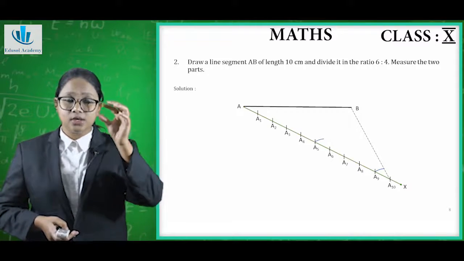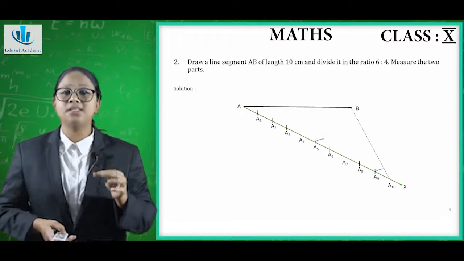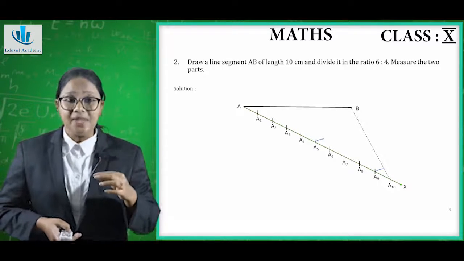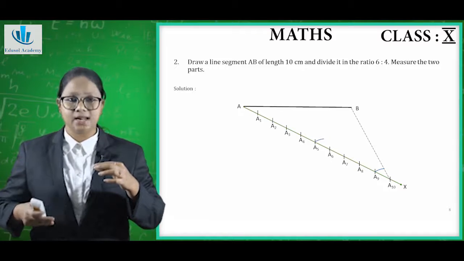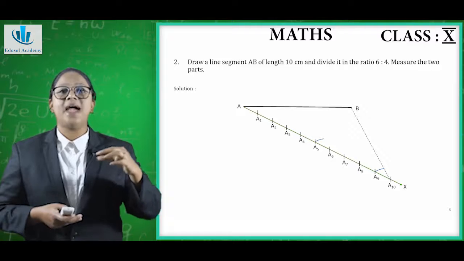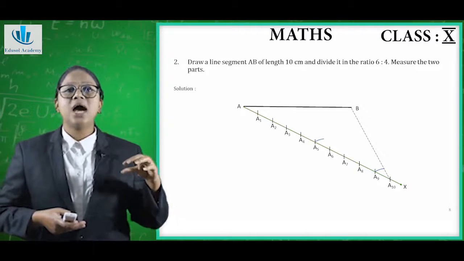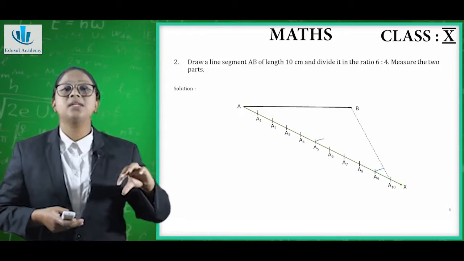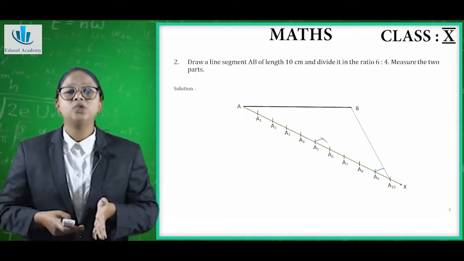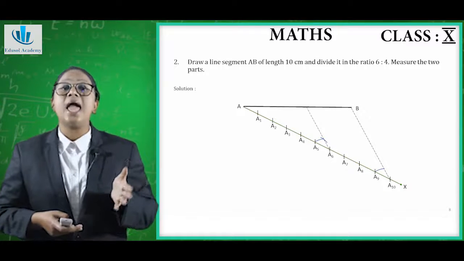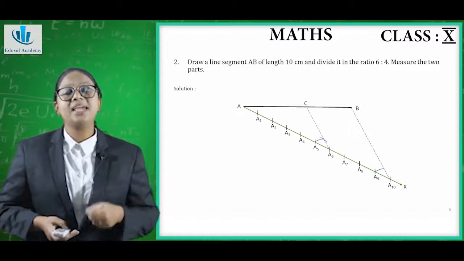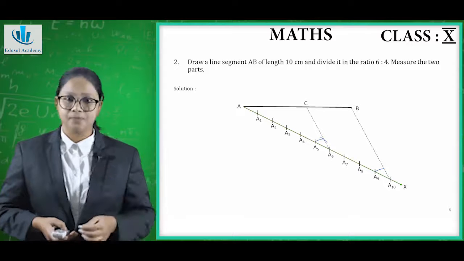Now using the compass and the pencil, take the gap between A9 and the line A10B, the gap. Now with that gap itself and keep the compass at A5, then cut an arc. Now join A6 to the intersection of the arcs and connect it back to AB. We will get that new point as C.